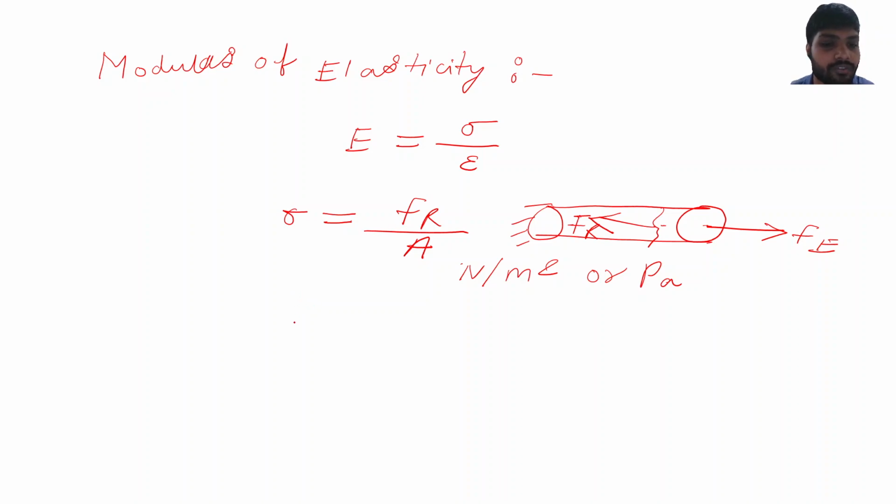So after this we understand what strain is. Strain is change in length upon original length. Along with the change in length, there can be a change in width also, if the force is applied in that direction, or even if the force is not applied in the direction of its width, there will still be some change in width, which we will understand later with the help of Poisson's ratio.